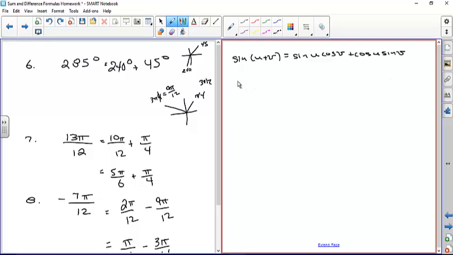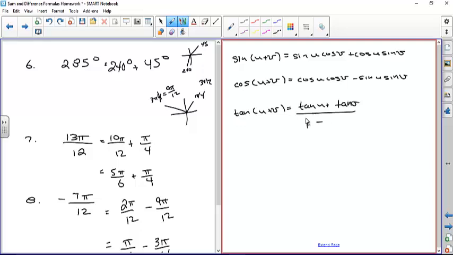Let's do the next one. Cosine of u plus v is the cosine of u cosine of v minus the sine of u sine of v, and the tangent of u plus v is the tangent of u plus the tangent of v over 1 minus the tangent of u tangent of v.